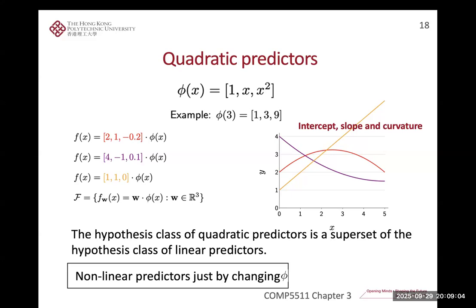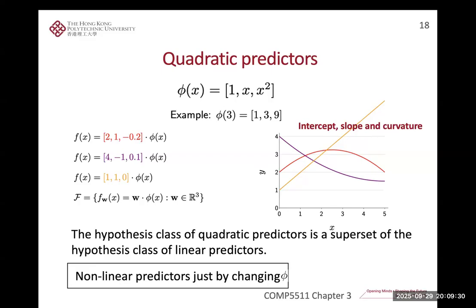Assume we can give these three different choices of our models. For the red curve, our weight vector is 2, 1, negative 0.2. 2 is our intercept, 1 is our slope, right? And negative 0.2 is our curvature. So we have a red curve here.